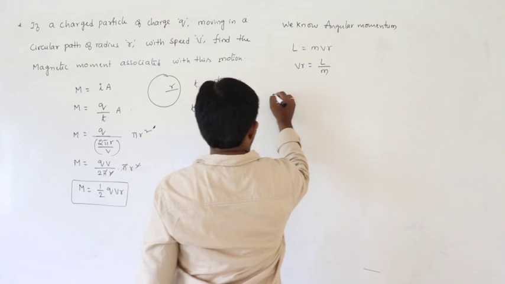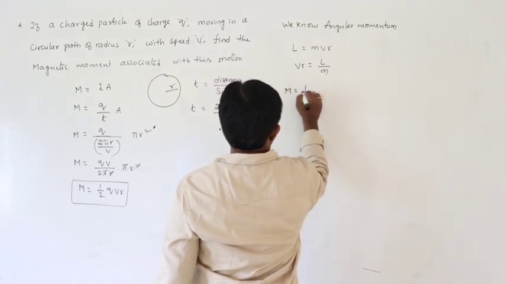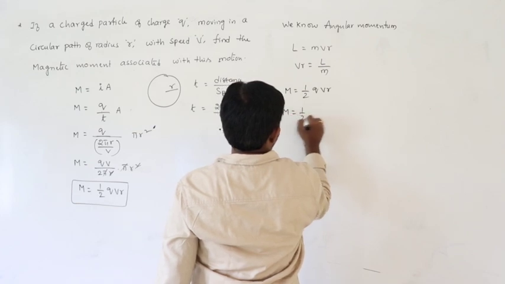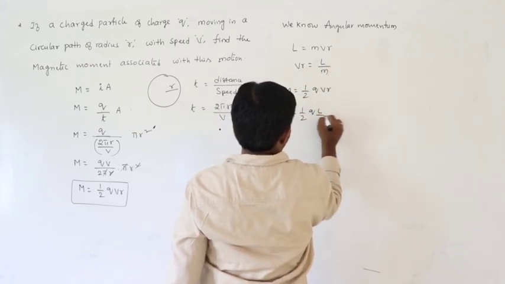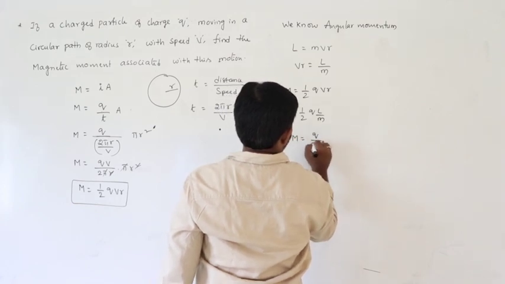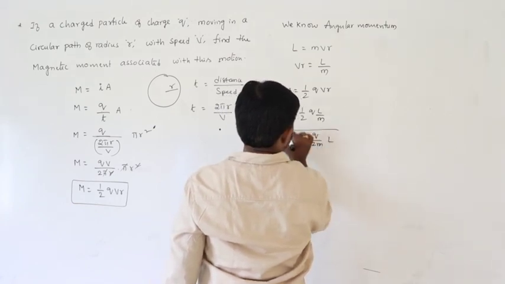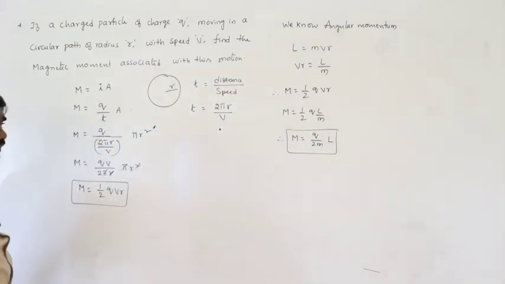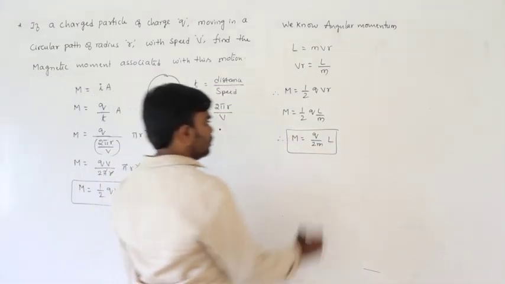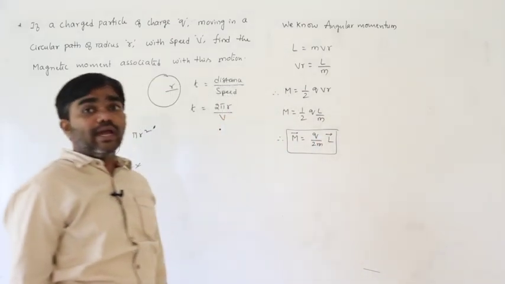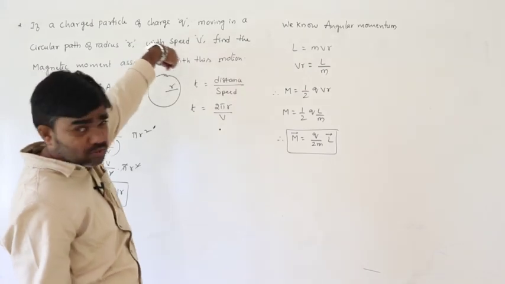Therefore, M is equal to half q into, in place of vr we write L by m. So, M is equal to Q by 2m into L. The magnetic moment is equal to Q by 2m times the angular momentum associated with the same motion.